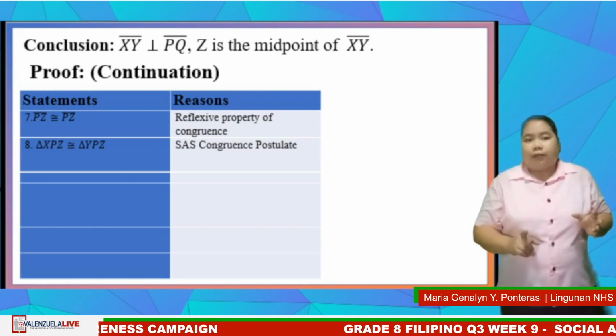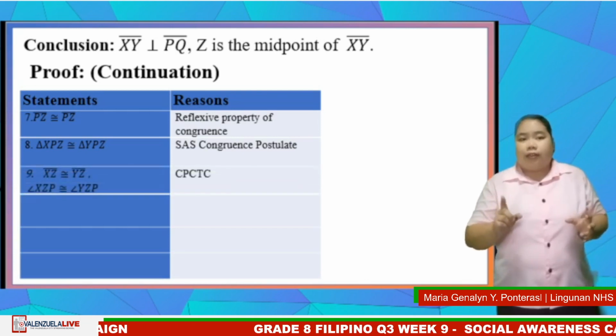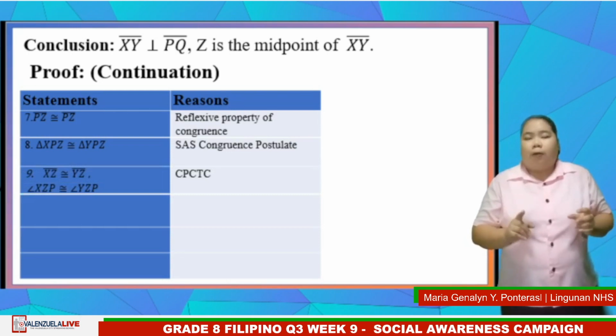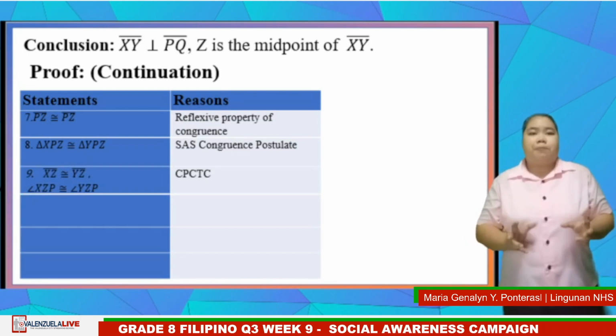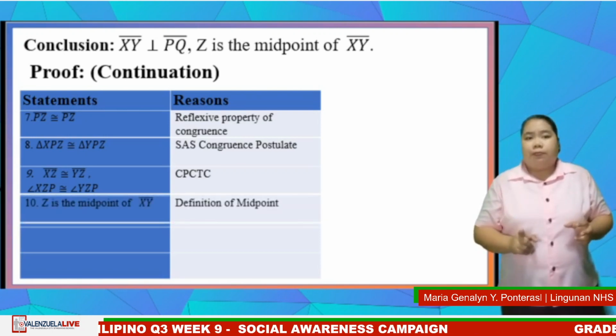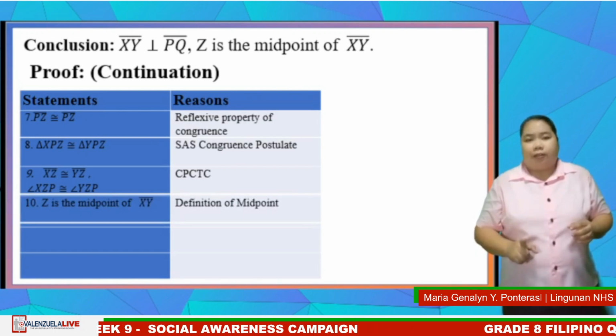Then the next one, XZ is congruent to YZ, and angle XZP is congruent to angle YZP. The reason is CPCTC. Then the next one, Z is the midpoint of XY. The reason is definition of midpoint.